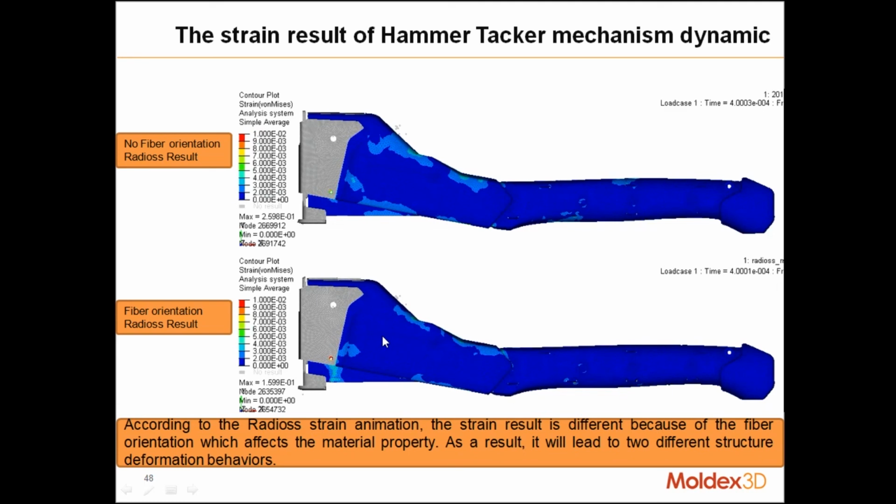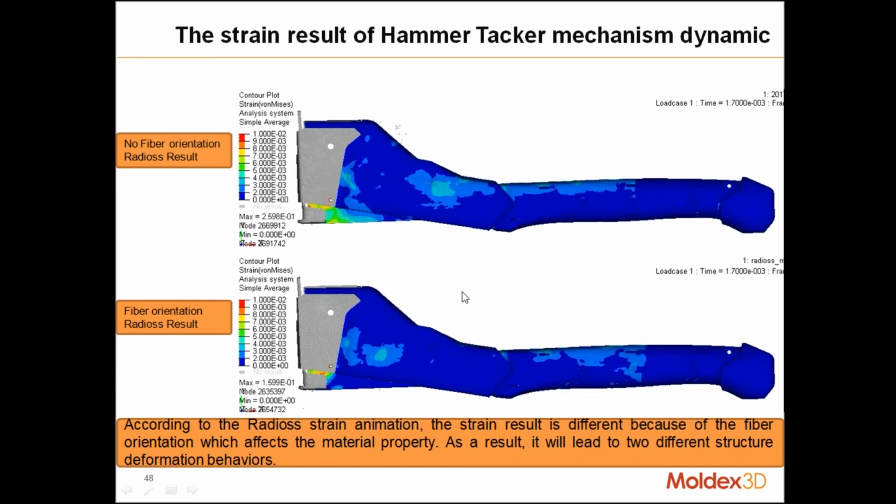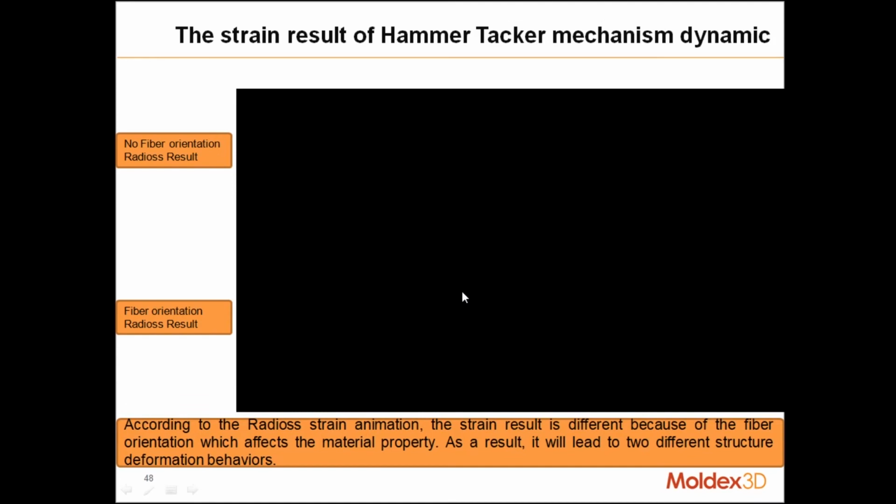And this is the strain result between two simulations, where the first one is without fiber orientation and the second one is with fiber orientation. We can see the different structural deformation behavior in comparison between isotropic and anisotropic material property. I think as long as we are trying to reduce the weight while keeping or enhancing the strength of the part, taking fiber orientation into account for structural simulation would be very crucial.